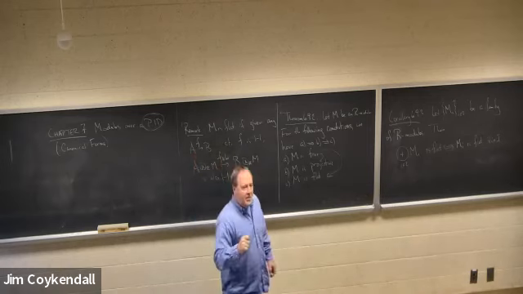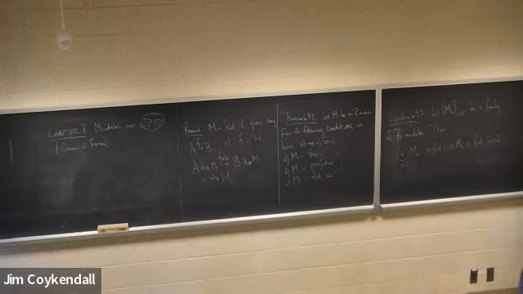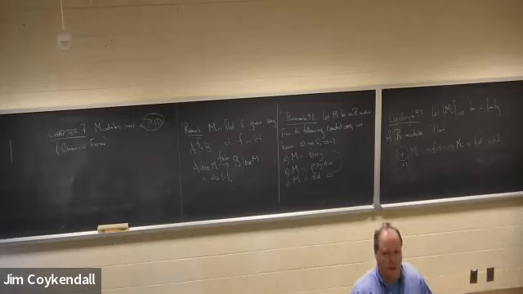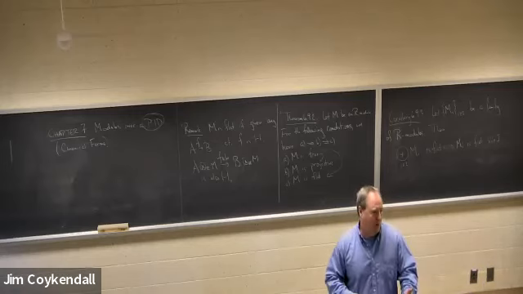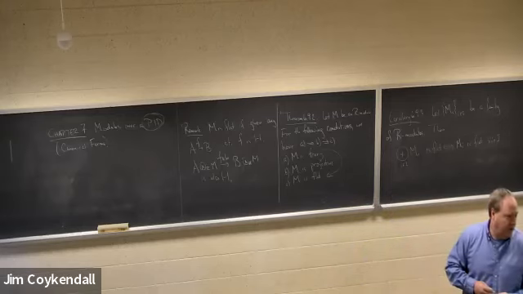That means all of its submodules, ideals in this case, are generated by a single element. So all the submodules of Z are free. Now, not every Z-module is free. Z mod 2 as a Z-module is not free. Q as a Z-module is not free. But every submodule of Z is free.